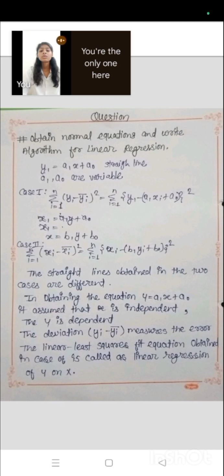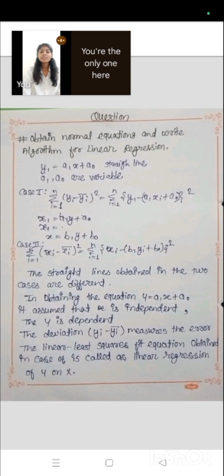So in case 1, the summation for i = 1 to n of (yi minus yi bar) square is equal to the summation for i = 1 to n of [yi minus (a1 xi + a0)] square.